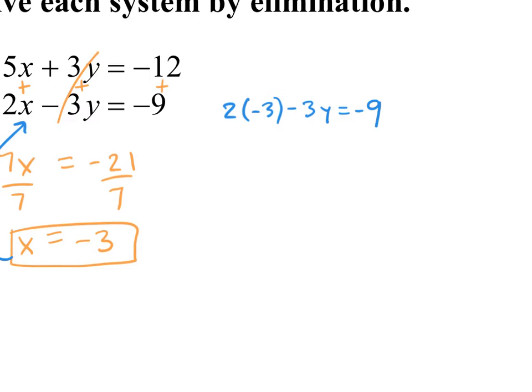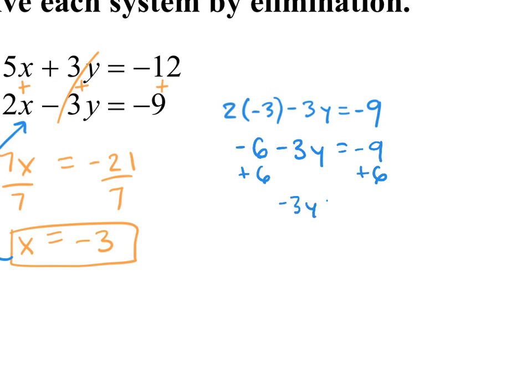What do we do first? Multiply. So 2 times negative 3 would be negative 6. Minus 3y is equal to negative 9. What do we do next? Awesome. Add 6.